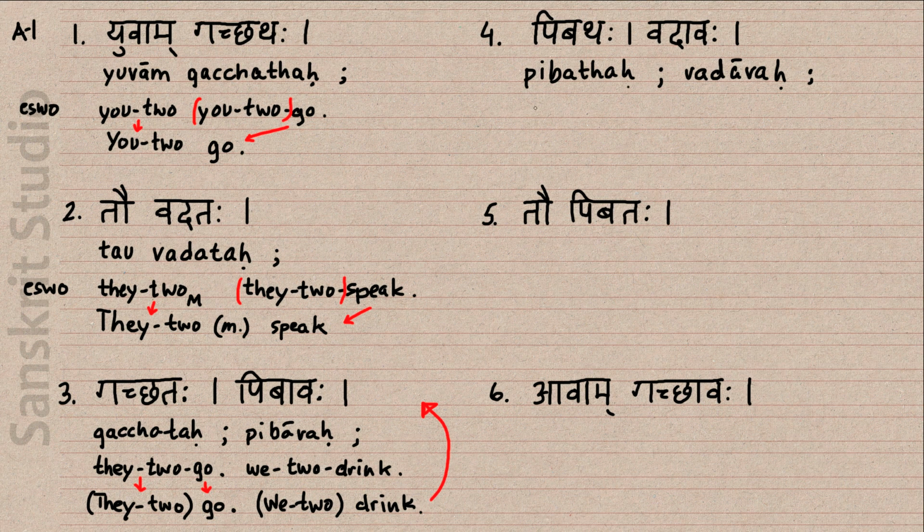Because the A exercises are all about the lesson specific. So the A exercises, both page 1 and page 2, are only covering lesson 8, which is a dual lesson. Therefore the vocabulary and grammar is very limited. Okay, pibataha, second person dual.